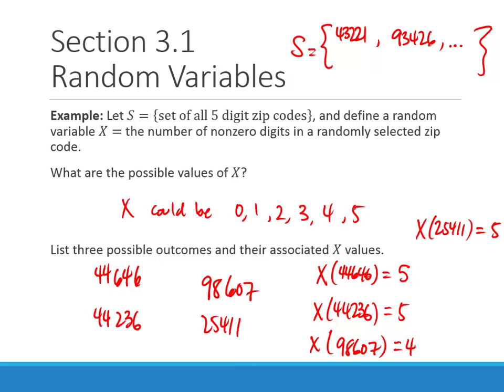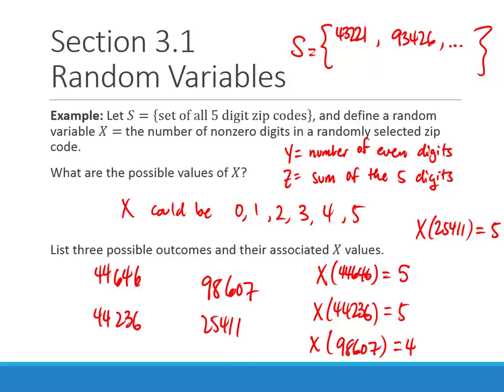So some other examples here. We could also say y is the number of even digits. Maybe we could set z equal to the sum. So there's lots of other possibilities.